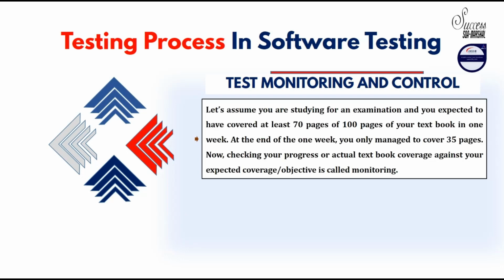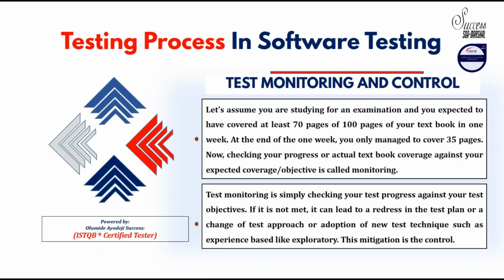So now, test monitoring is simply checking your test progress against your test objective, right? Remember when we talk about test planning, we have some objective, maybe discovering as much defect as possible. Maybe within a particular test level, say system testing, you are meant to discover every defect possible.